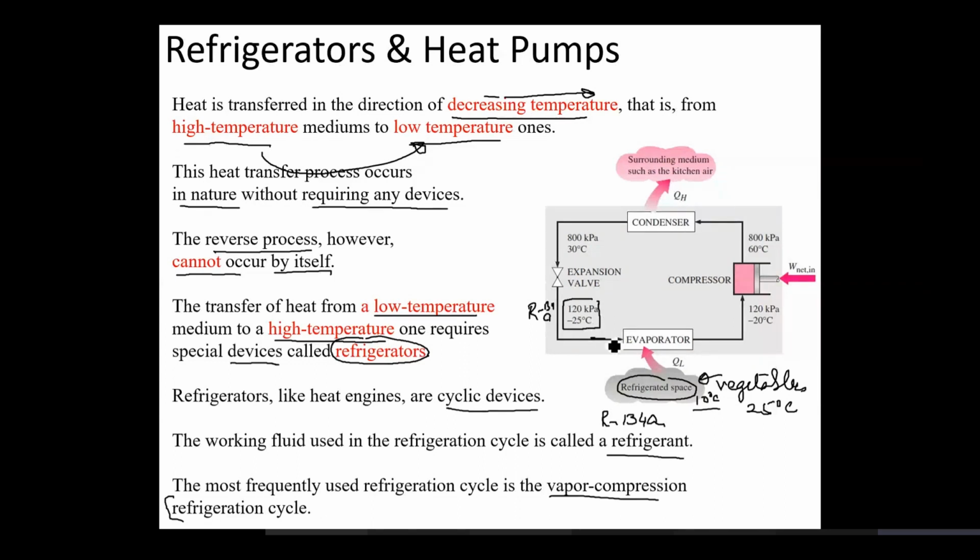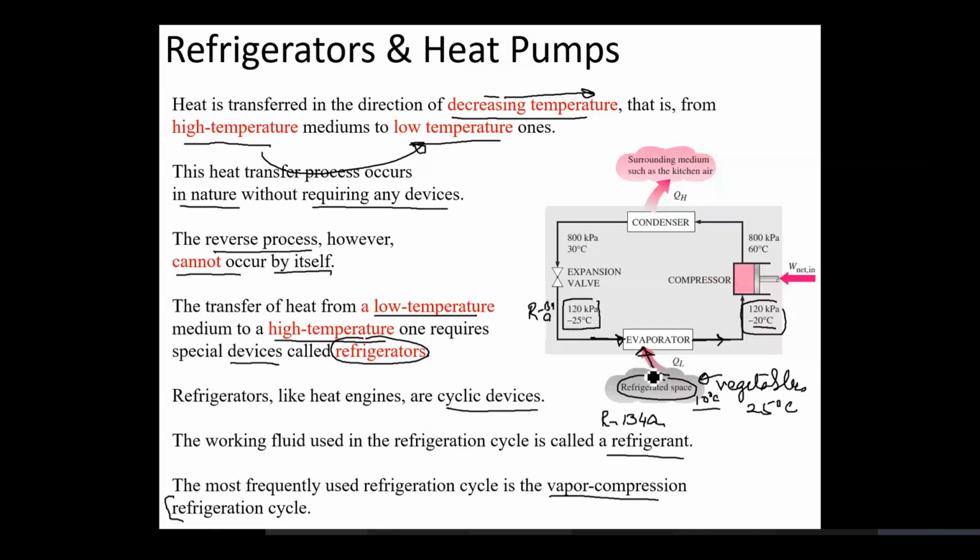As the refrigerant enters the evaporator, heat from the vegetables is transferred to the R134A, and as it exits the evaporator, it has gained heat and has a temperature of minus 20 degrees centigrade. The temperature has increased.